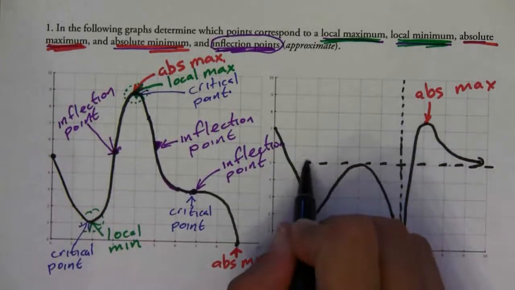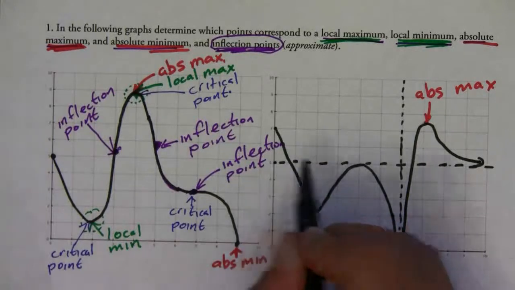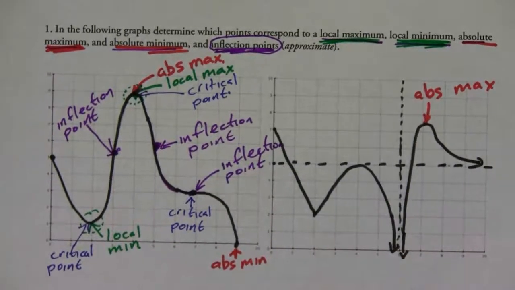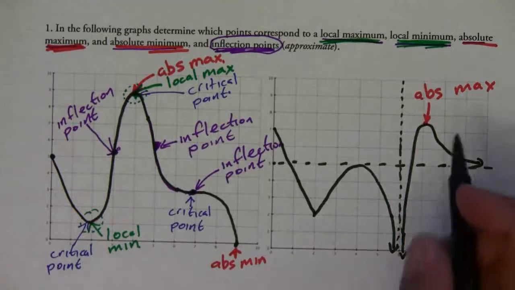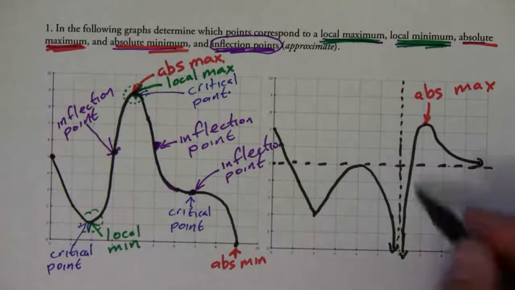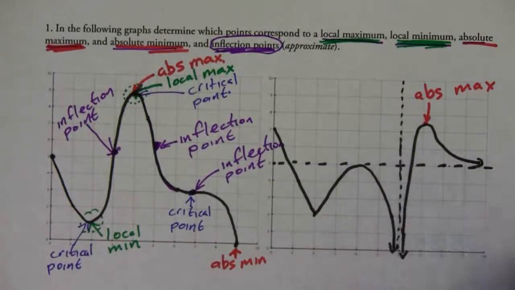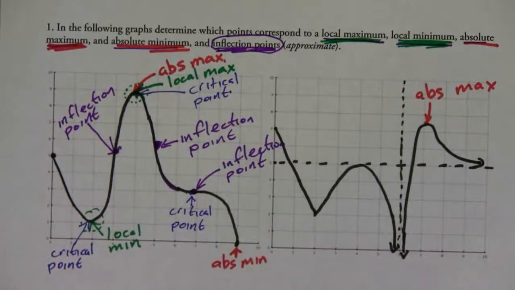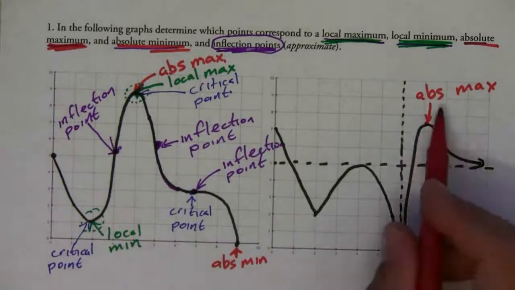Now notice that you might think from previous classes that functions are not allowed to cross horizontal asymptotes, but in reality they are allowed to cross a horizontal asymptote many times. We'll talk about that probably later in class. But for now, this is the absolute maximum.